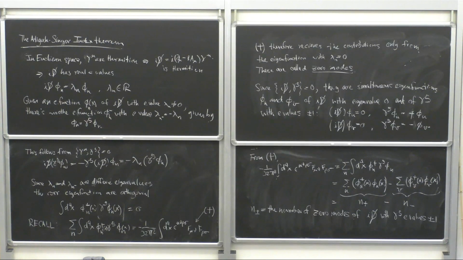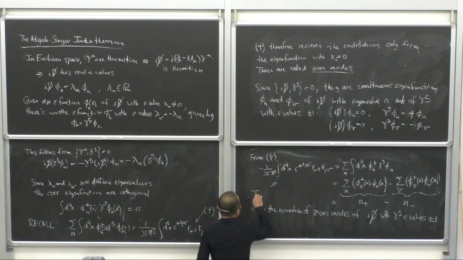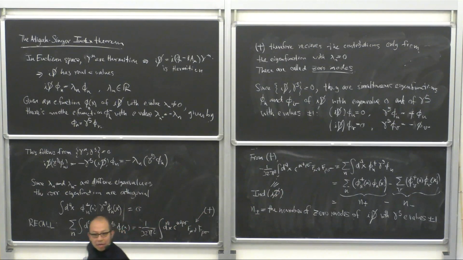So this has a name. This is called the index of the Dirac operator. Okay? So what I have shown is that the left-hand side is really an integer. It's a difference of the zero modes.